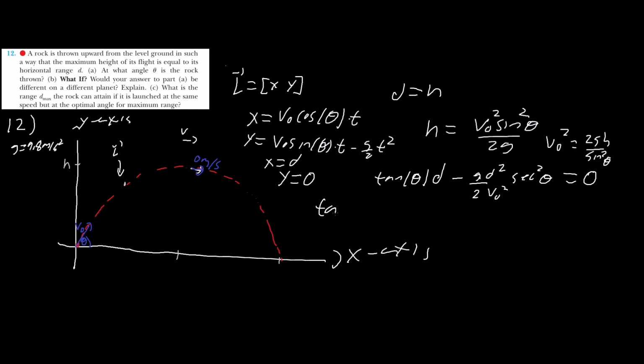This other equation is going to be tangent of theta times d minus g d squared over 2. You have secant squared theta in there somewhere, and then you're going to have sine squared of theta, by the looks of it. Oh, wait.